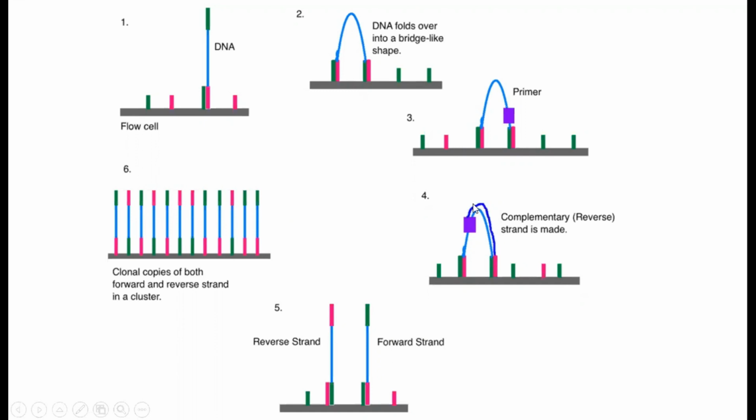And as soon as a complementary strand is created, this double-stranded DNA molecule that you have created will then cleave off from here. The way it cleaves off is you apply another enzyme that cleaves this particular DNA sequence from here. So now you initiated with one DNA sequence, but now you have two DNA sequences over here. One is a forward strand, another is a reverse strand that you created using your primer over here, right?